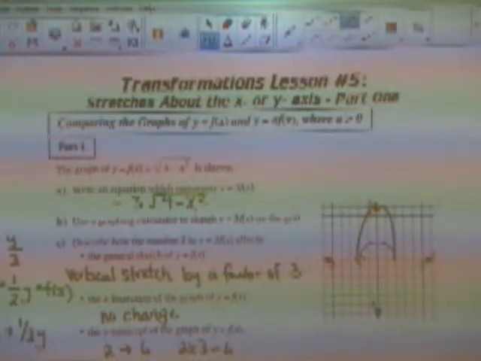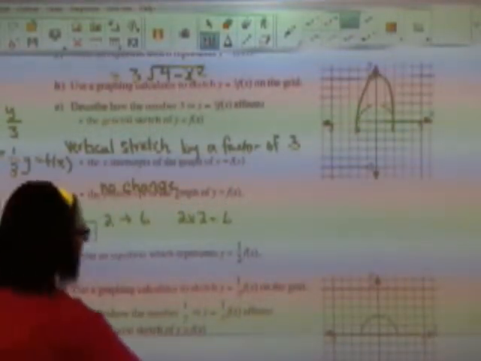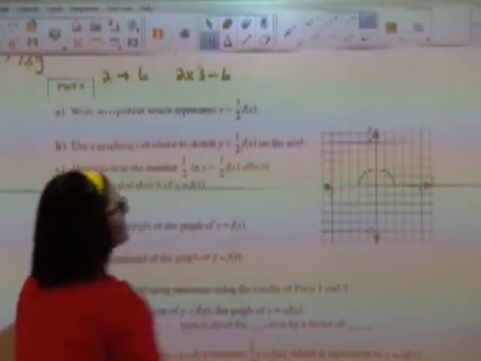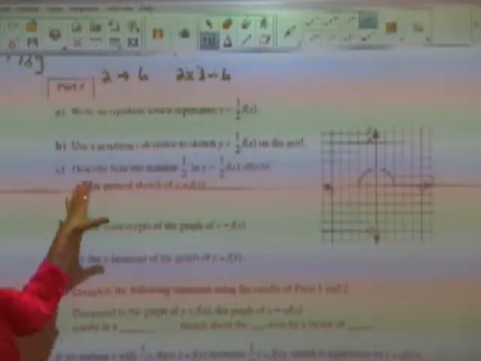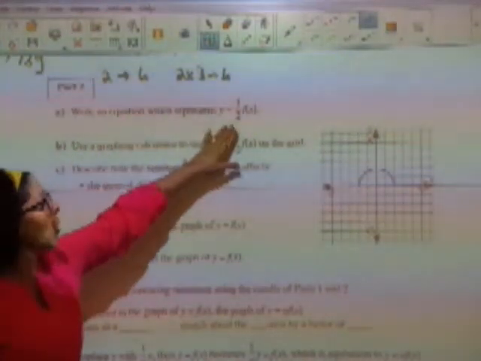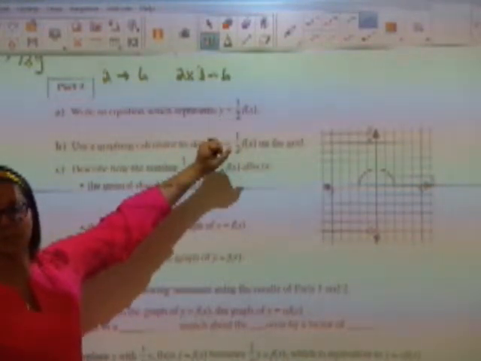So if I look at part 2, it says, write an equation that represents y equals 1/2 f of x. Okay, so when I take a look at this, before we use the graphing calculator to sketch all of this, what was my replacement?